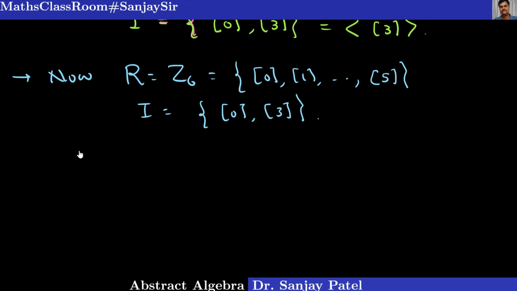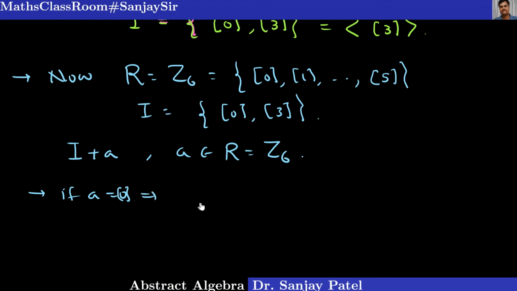Now we find the coset I plus A where A belongs to the ring R, that is Z6. We start with the first one, A equal to class 0 in Z6. Then I plus 0 is equal to what? You just have to add all the elements here, so we'll get the same as I. You know the properties of cosets. Let me explain that quickly.